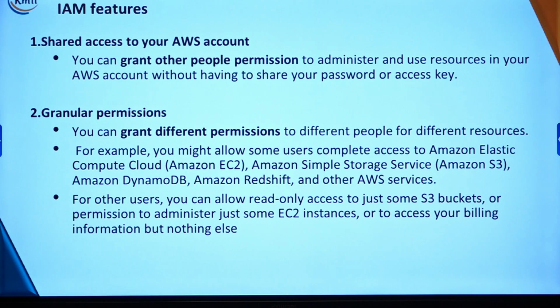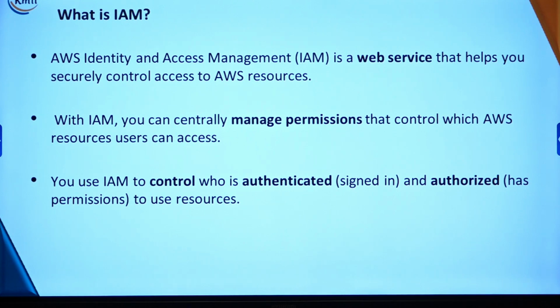Means you can allow read-only access to just some S3 buckets, or permission to administer just some EC2 instances, or to access your billing information. This way different users will be doing different tasks, and based on their requirement and their work, we will grant permissions. So that is the second feature.